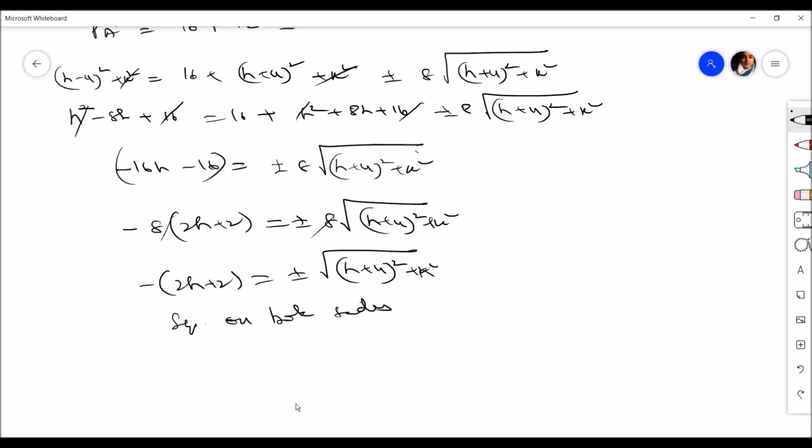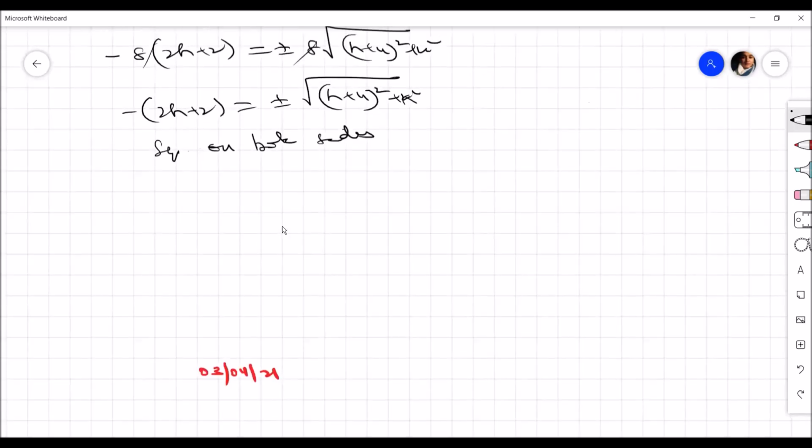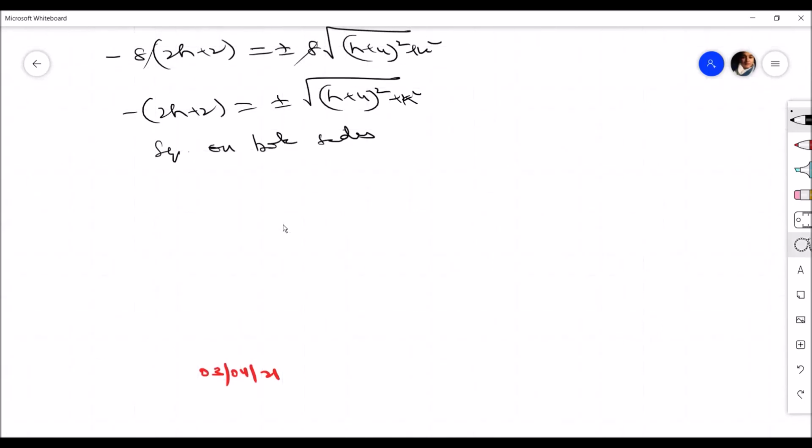That's going to give me (2h plus 2) whole square, with a minus, doesn't matter. That's 4h square plus 4 plus 8h is equal to, now when you square it up, this plus or minus gets eliminated.